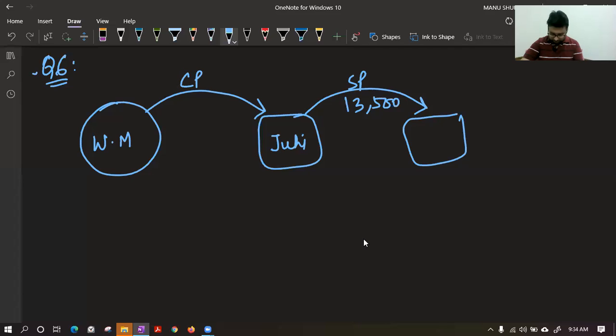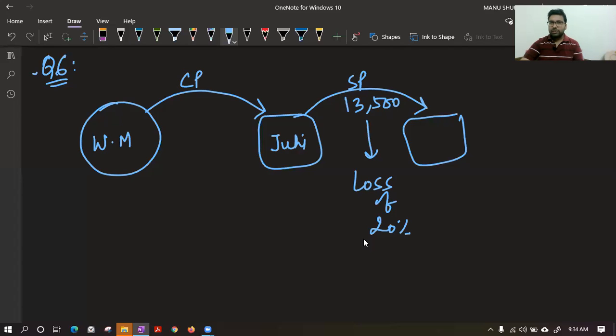And they are giving us that there is a loss of 20%. So class, already we know whenever we sell a second hand thing, we have to sell at a lower price.